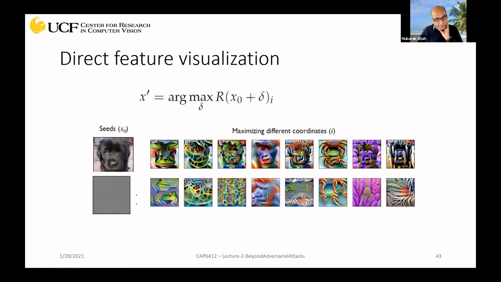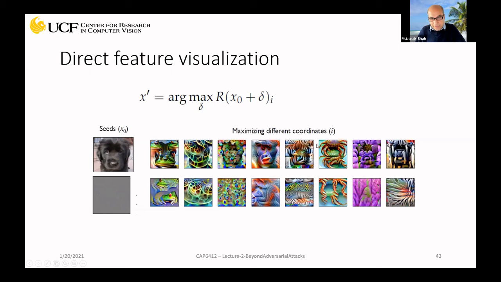Here is the example. If we start with X0 like this, and these are different features, we want to find out that this particular feature will be maximized if the input is like this, and this other feature will be maximized if the input is like this, and so on. So the seed is X0, we start with this kind of image.